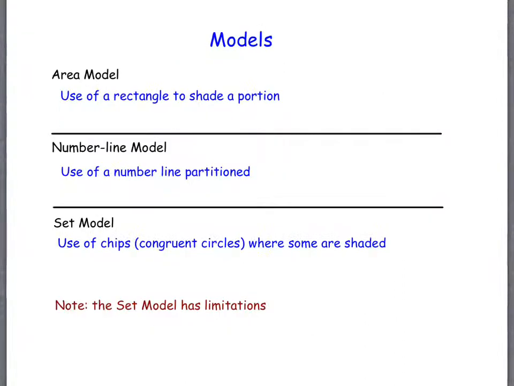And we're going to take a look at some different models, and we've already seen these used to some extent back on the very first example we did. One model is the area model, and that is where we've got a portion of something in terms of its area shaded in. A good example of that is a rectangle, although you could use a circle as well, but a rectangle works very nicely.